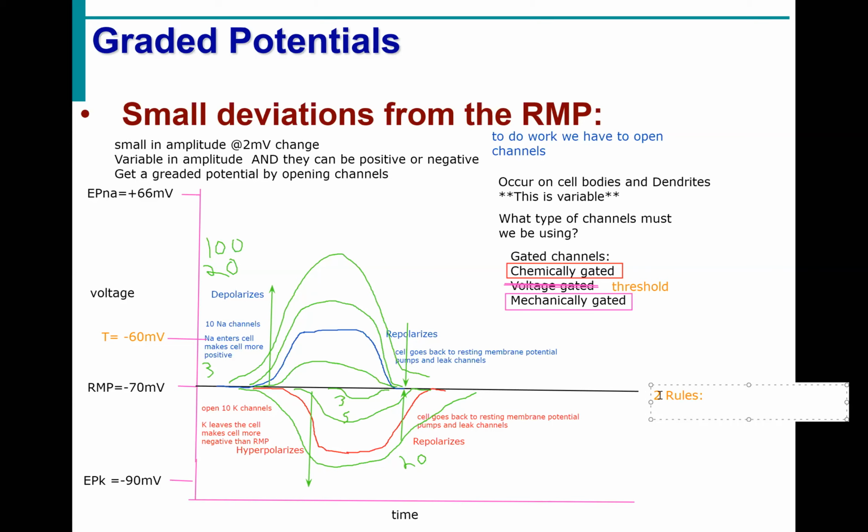The direction is determined by the type of channel. If we open a sodium channel, the cell gets more positive. If we open sodium and calcium channels, we are going to get a depolarization.